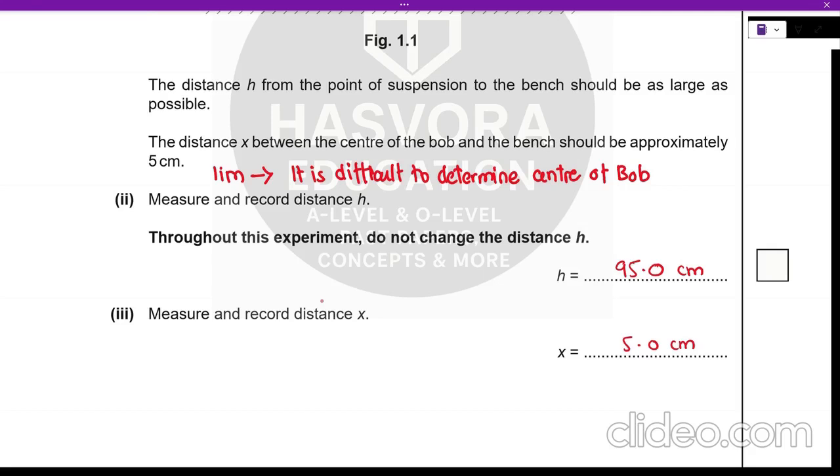The improvement can be that we measure the horizontal and the vertical diameter, and then take the point of intersection as the center of the bob. You can also write that the bob is not a uniform sphere. And then you can also write that we can make use of a ready-made template, or a ready-made sphere as a bob. Then we can measure the diameter both horizontally and vertically, and divide it by 2 to find the center.